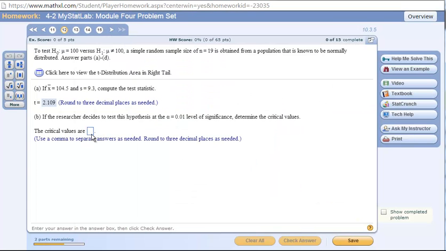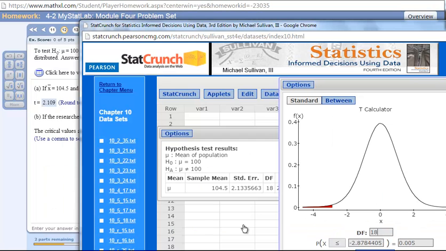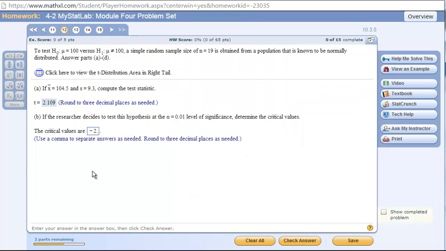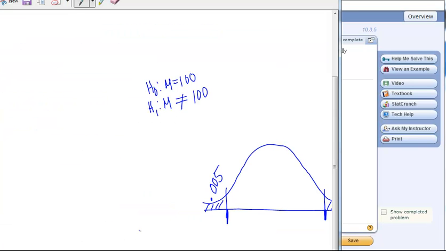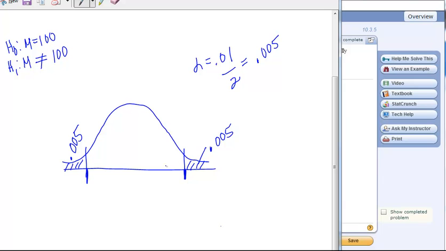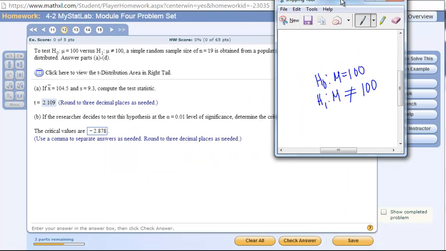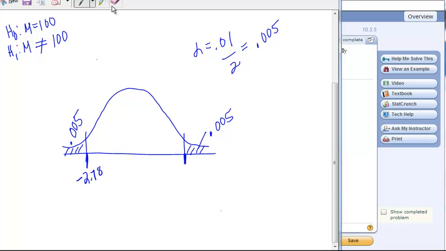So the critical values are negative 2.878, and this one would be the positive 2.878.